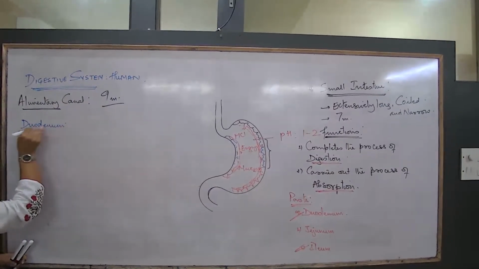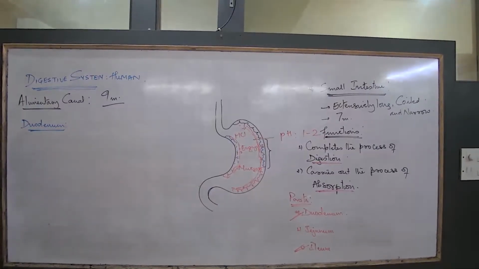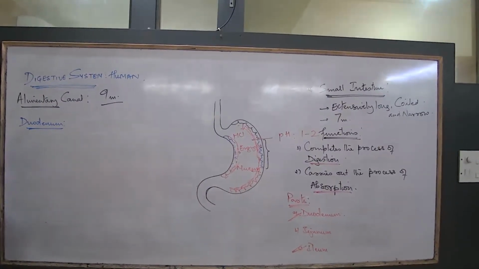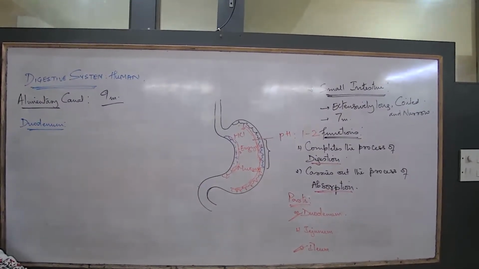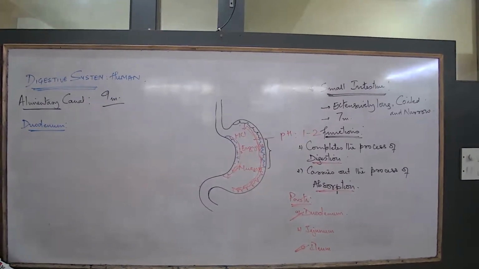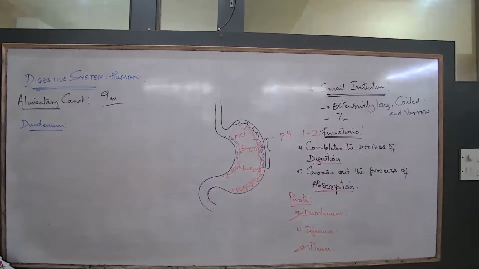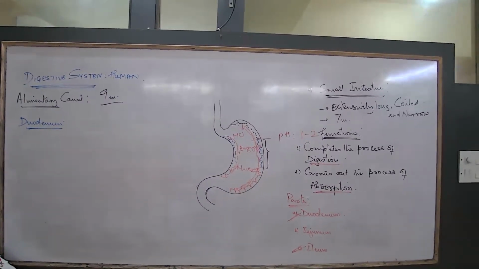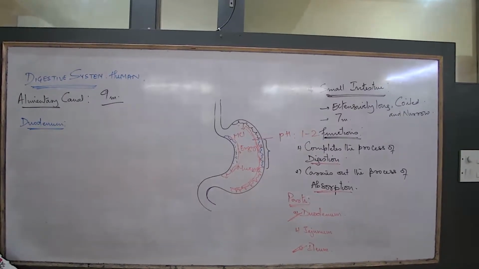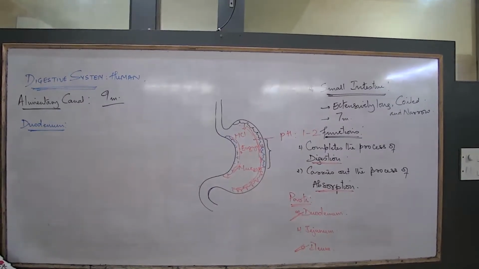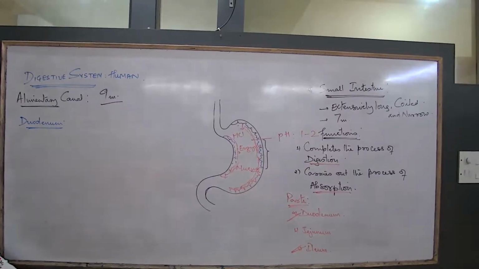The duodenum receives the juices. Look at the duodenum. Does it have the pancreas on one side and the liver on the other? So the duodenum carries out many steps of digestion since it has the liver and the pancreas on either side.